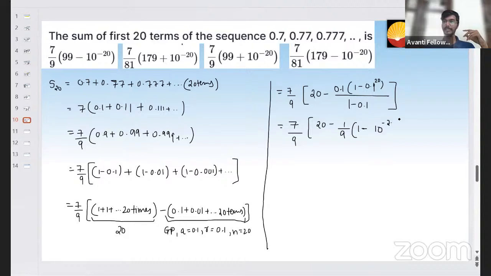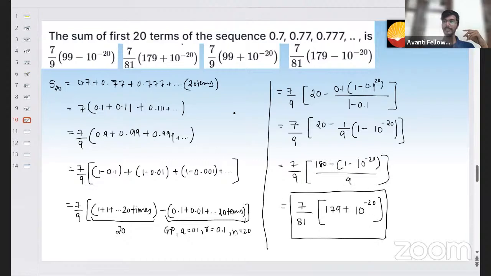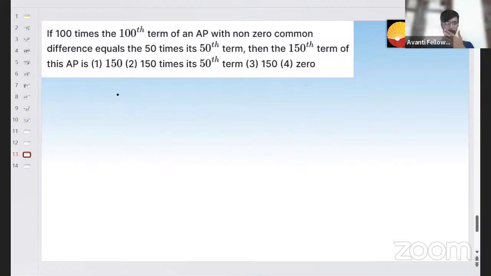So if I take LCM here, 7 by 9 into 180 minus 1 minus 10 raised to the power minus 20, 7 by 81 into 179 plus 10 raised to the power minus 20. Which option is it? 179 plus 10 to the power minus 20. Correct. So let's see one last question, then we'll end it.